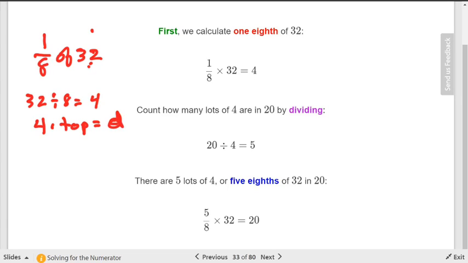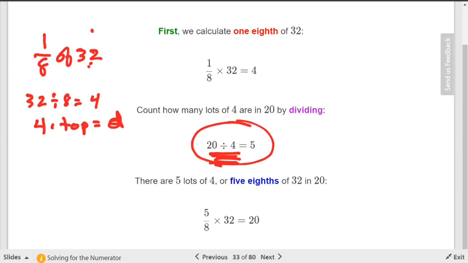But we can't multiply it times the top number this time. Why? Because we don't know what the top number is. So instead of multiplying to find it, we'll simply use the opposite of multiply, which is what? Divide.